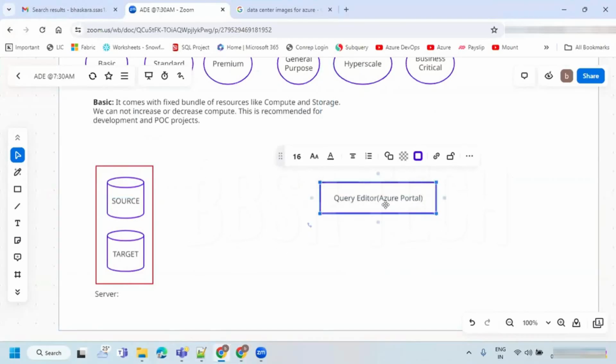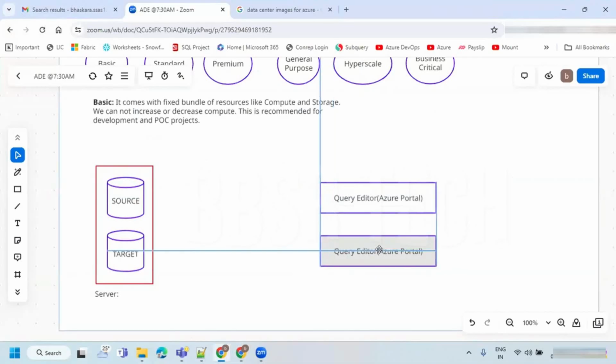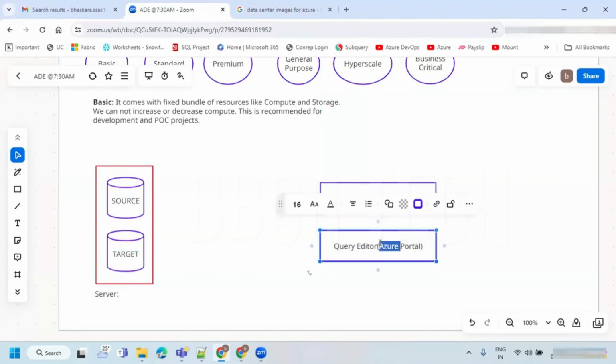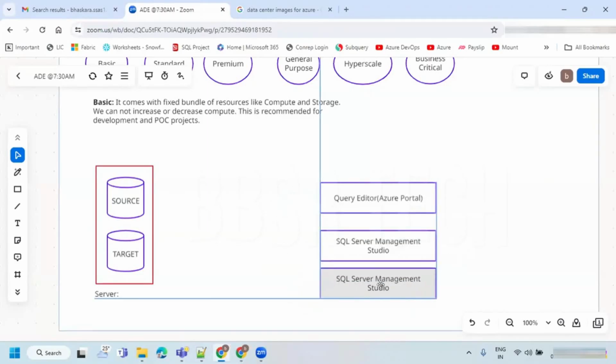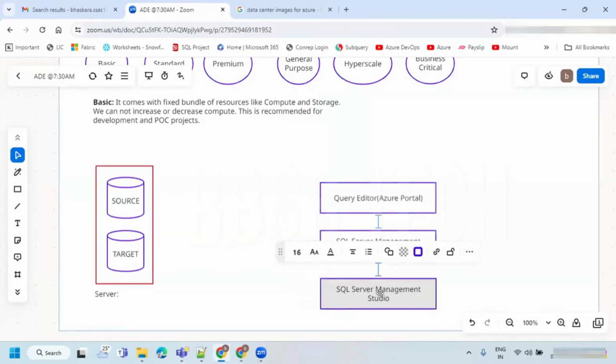There is another type of connectivity. We can use another client, that is SQL Server Management Studio. Apart from that, I have one more, that is Azure Data Studio.